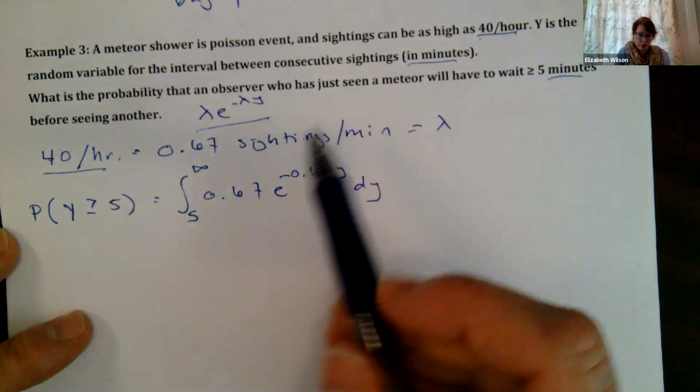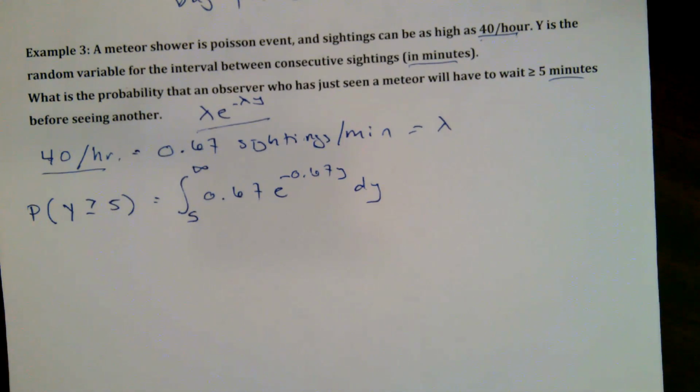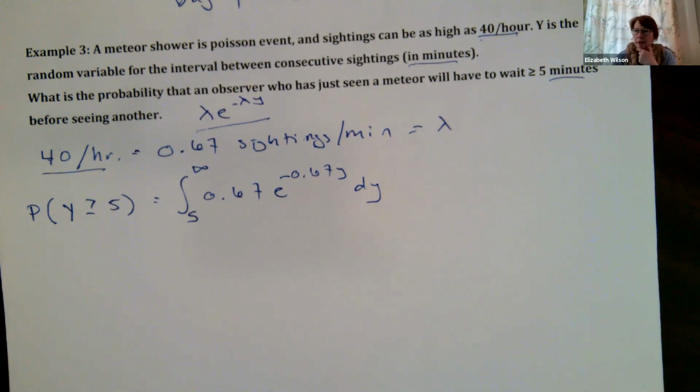Okay, so if the problem says that y is the random variable, are we most likely going to use integration then? That's the nomenclature of our book, that they use x for discrete and y for continuous. We could have just as easily used z or m or p or whatever. It's just a variable. You can use whatever letter you want.